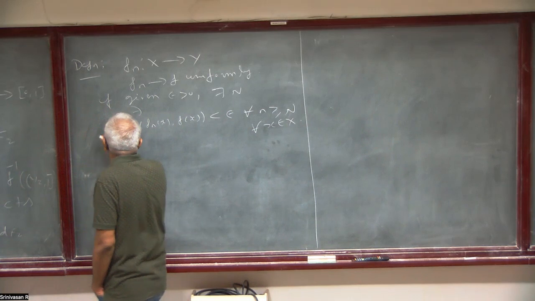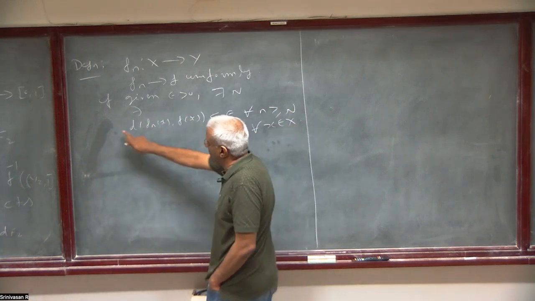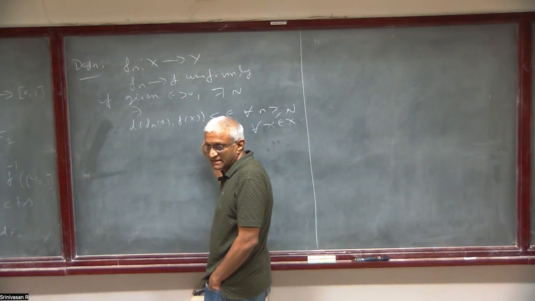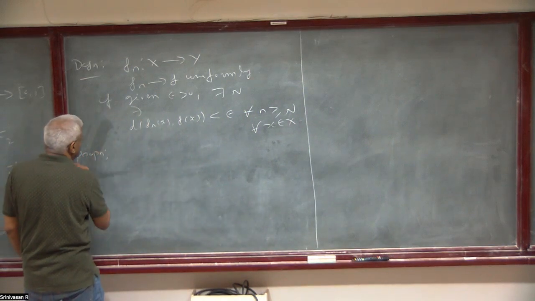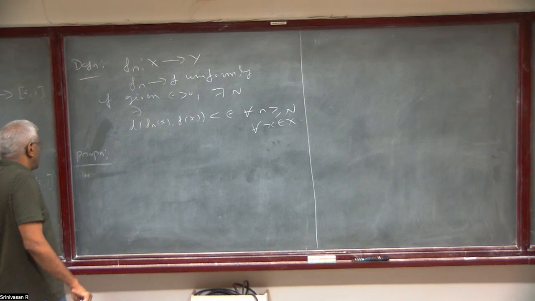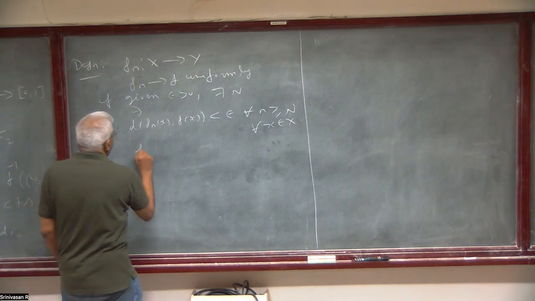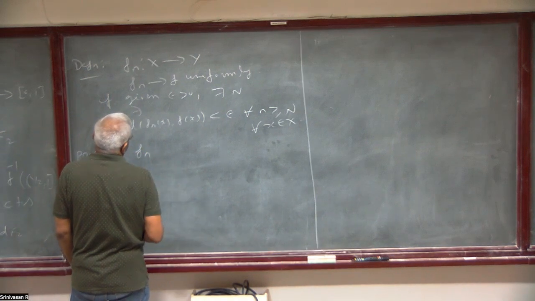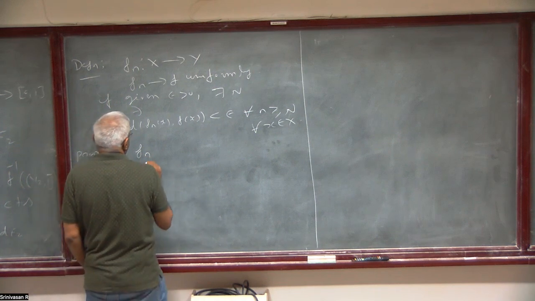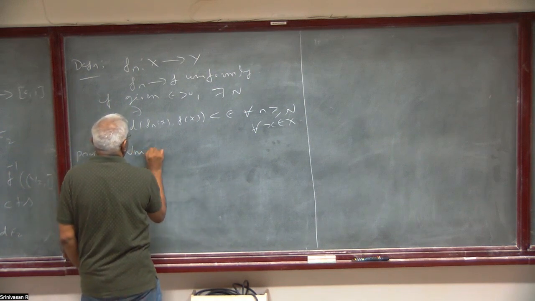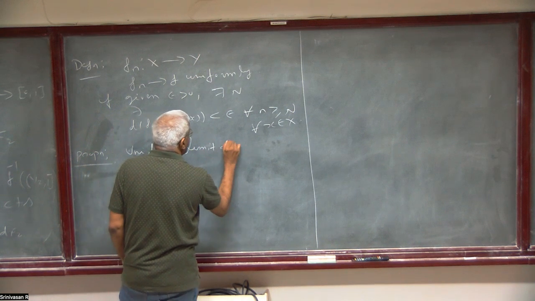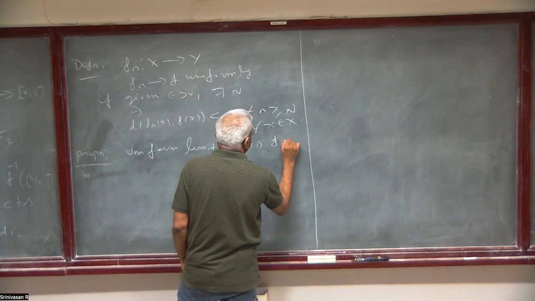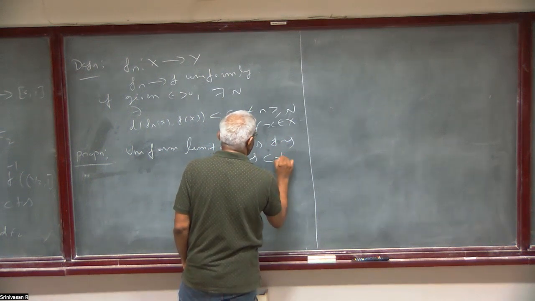Or you can take a supremum and remove this condition: the supremum over x is less than epsilon. Proposition: a uniform limit of continuous functions is continuous.